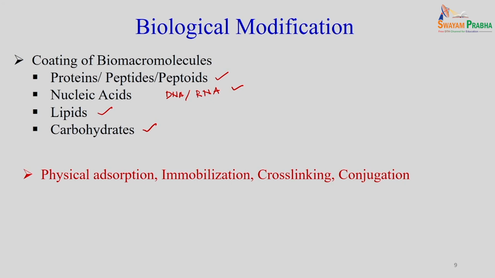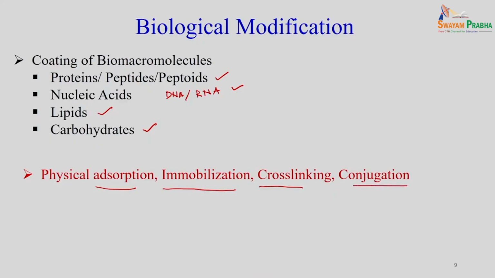For applying the biological macromolecules, we can go for physical adsorption, or we can immobilize them using methods like gel entrapment. You can have an agar layer on the surface and immobilize your biological macromolecules. You can go for cross linking and conjugation. For cross linking again you have to use bifunctional or multifunctional molecules, one example is glutaraldehyde.